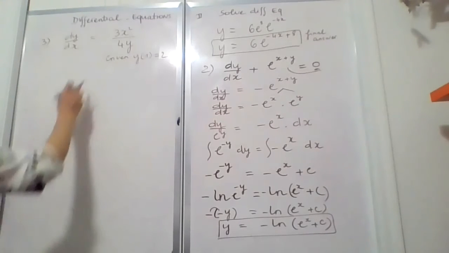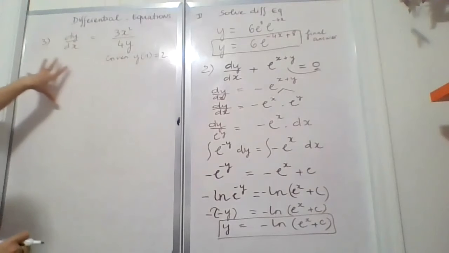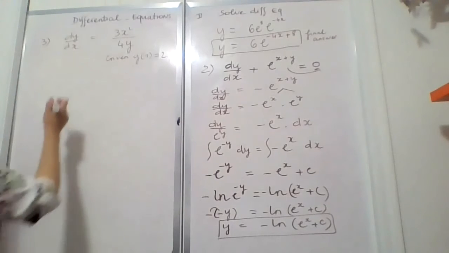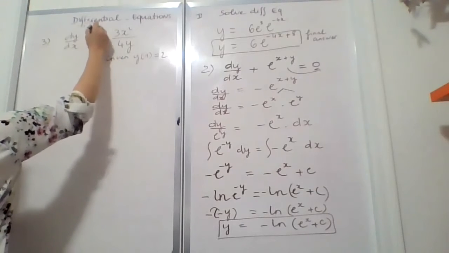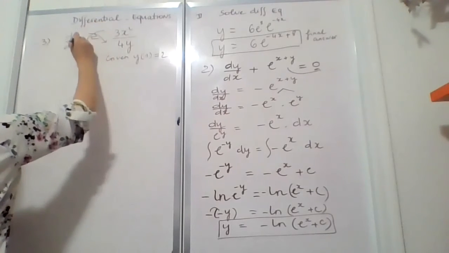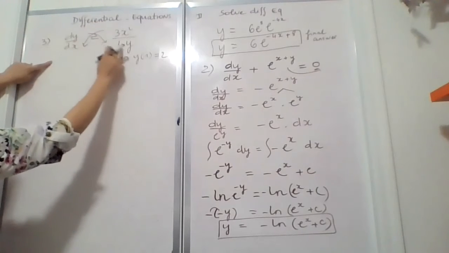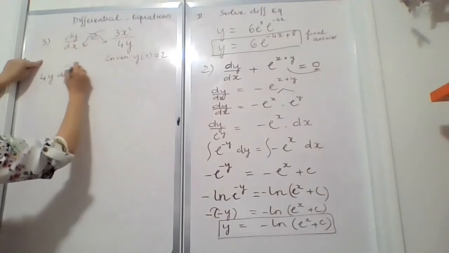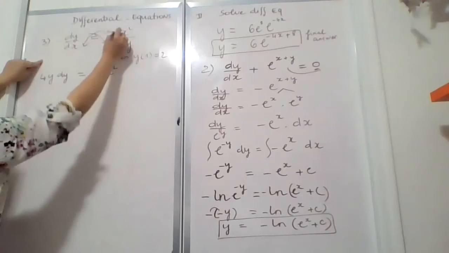Let me see. In this equation, again, we want to separate y on one side and x together on the other side. So by doing that, we have to cross multiply. Okay, so 4y dy, right? 4y times dy equal 3x squared times dx, right?